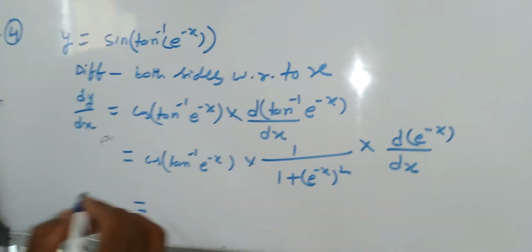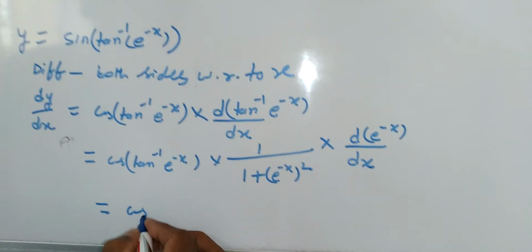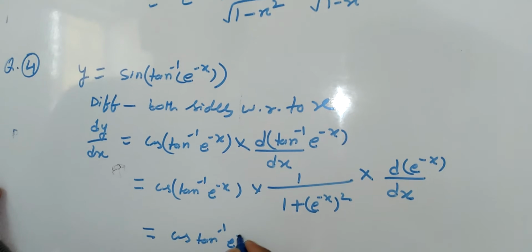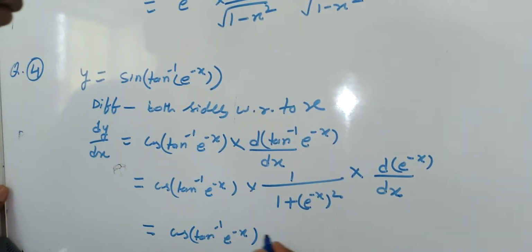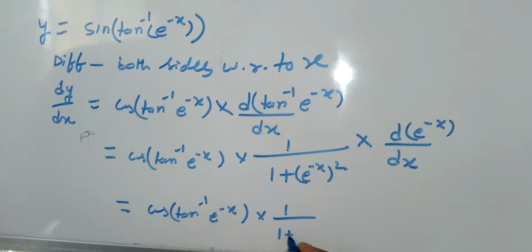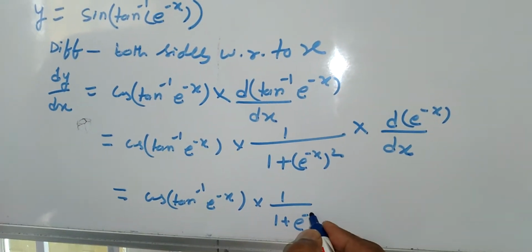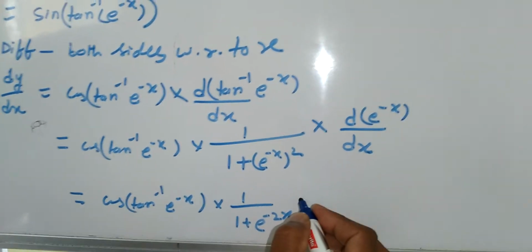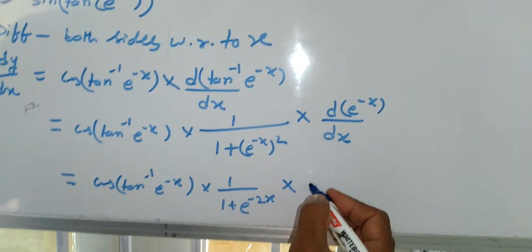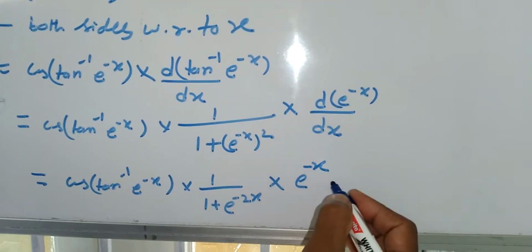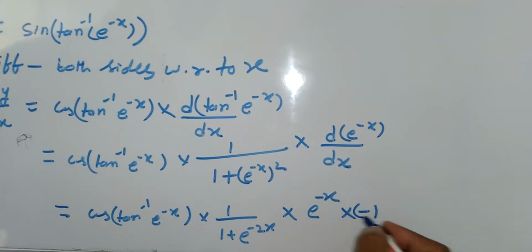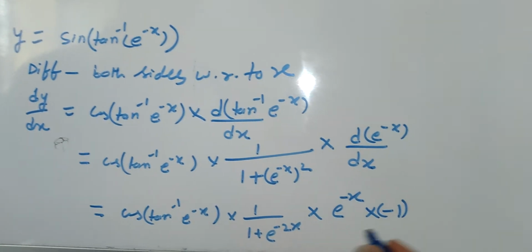So here we will get the final answer: cos tan inverse e to the power minus x into 1 by 1 plus e to the power minus 2x into the derivative of e to the power minus x, e to the power minus x into the derivative of minus x, that is minus 1. So this is your final answer.